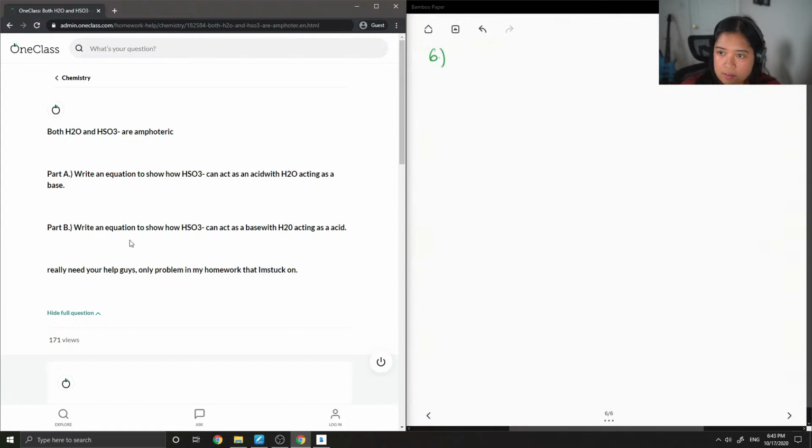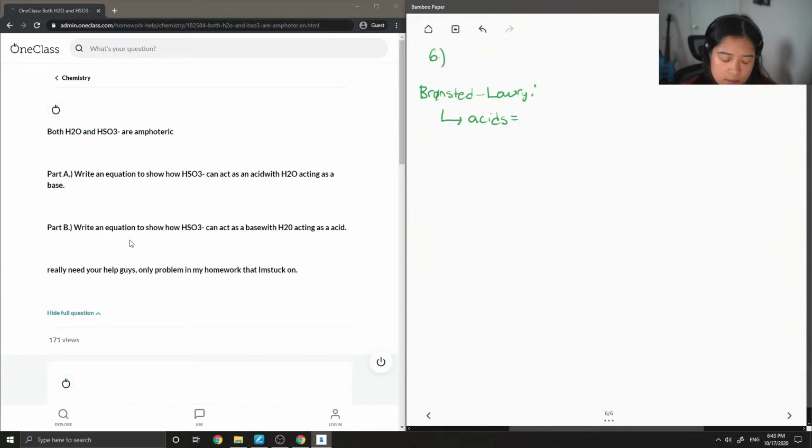Okay, so I'm going to write the definition of the Bronsted Lowry theory. Basically, your acids are your proton donors.